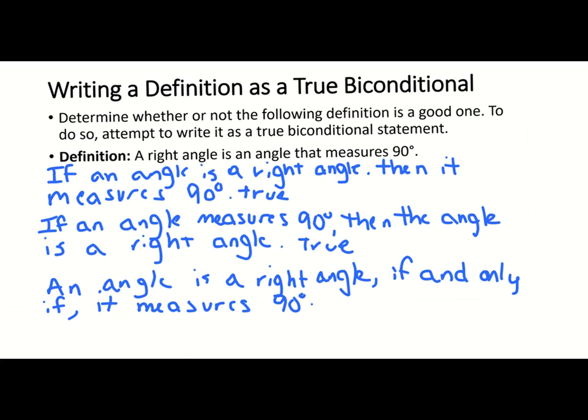And that would be a way to take a conditional and write it as a biconditional statement, and to figure out if it's a good definition. If it's true forwards and backwards, written as a conditional statement, then it is going to be a good definition.